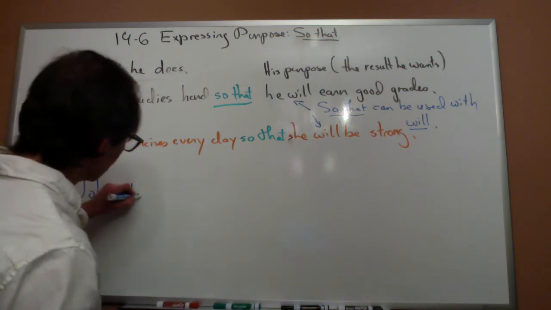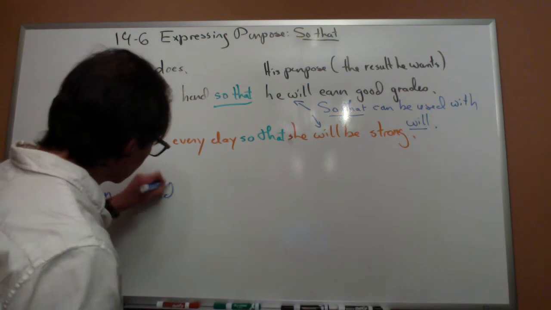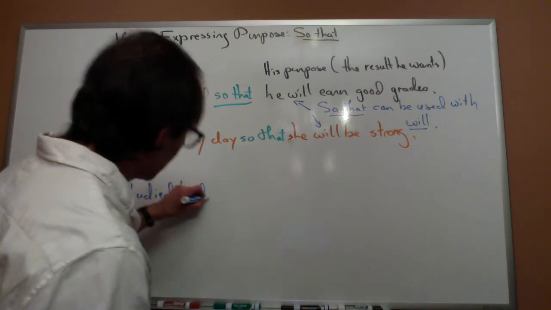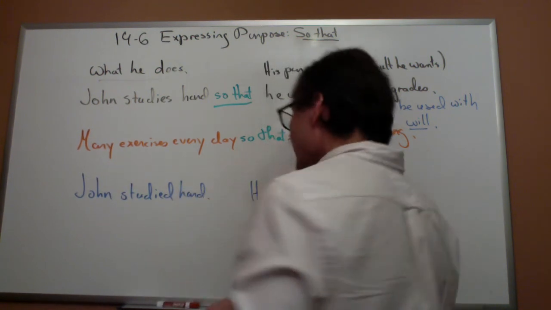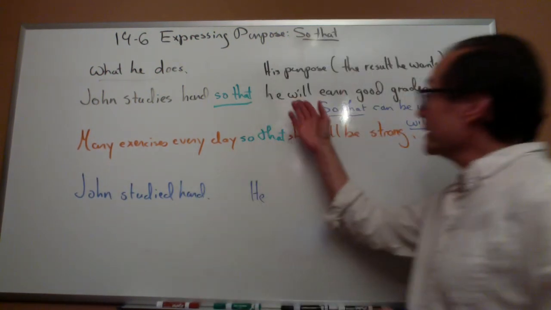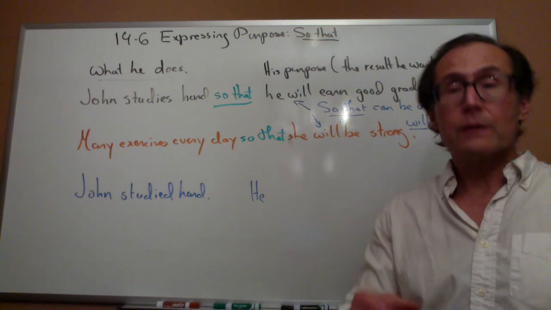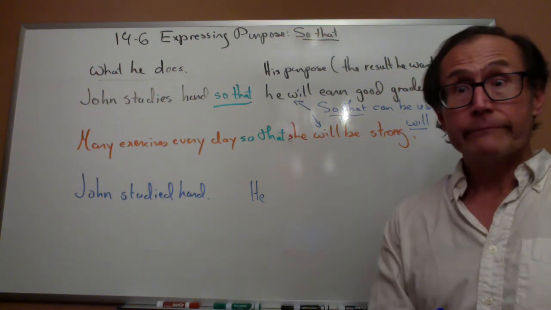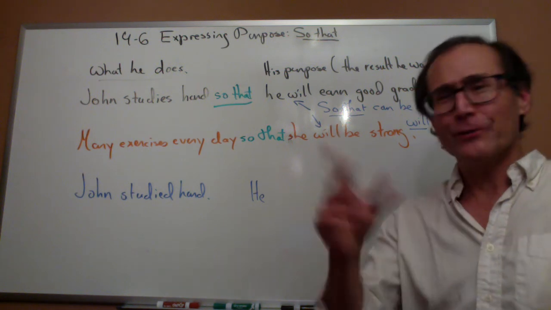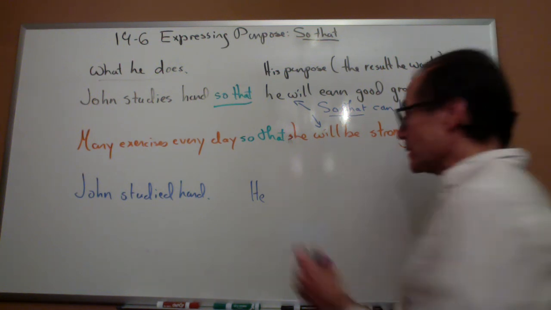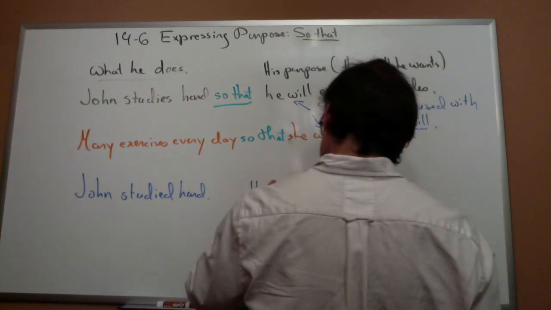John studied hard. And the result was he. Okay, so here I use will because it's future. Question. What's the past of will? You know, right? Would. So, he would get good grades.